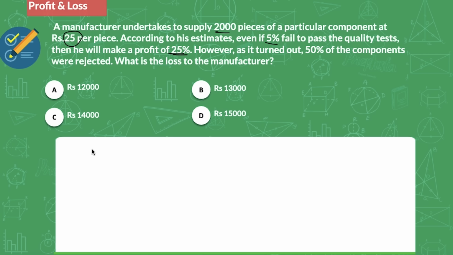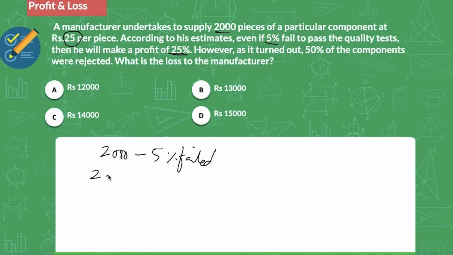So from the first case, 2000 pieces and let's say 5% failed to pass the quality test. So out of 2000, 5% failed. So what are the good quality pieces which can be sold? What is 5% of 2000? 5% of 2000 is 100. So 100 are defective.